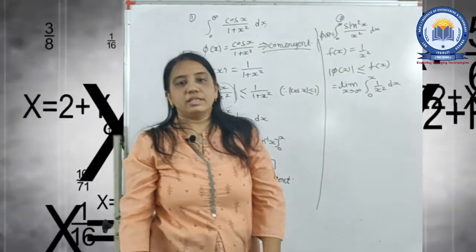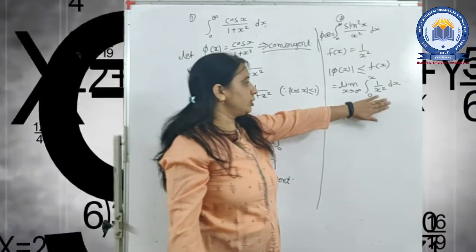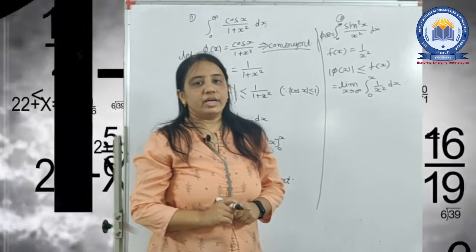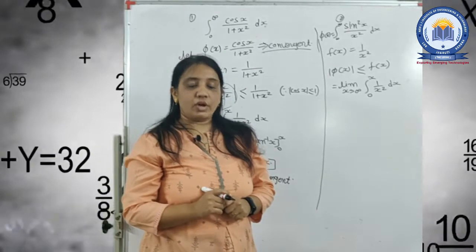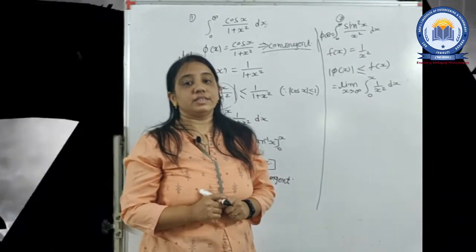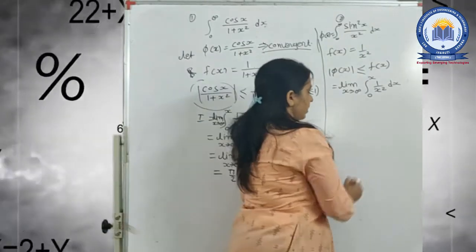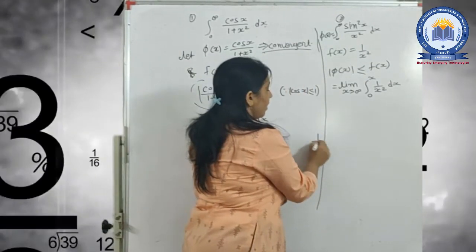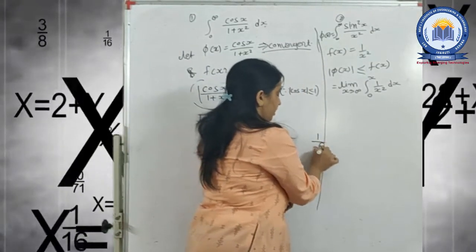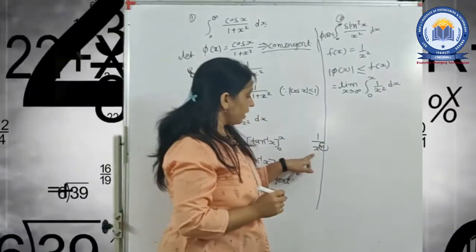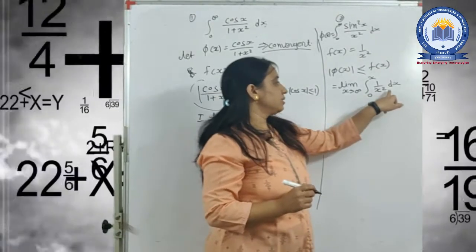Now we could do the integration of this, but we have already seen the convergency test. In that, the form is something like 1 upon x raised to n. Same we can say here, x raised to 2.